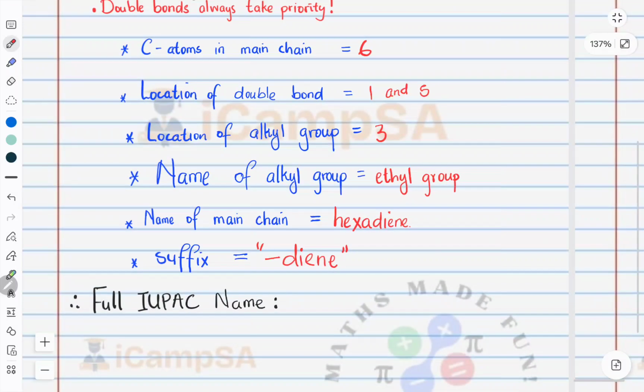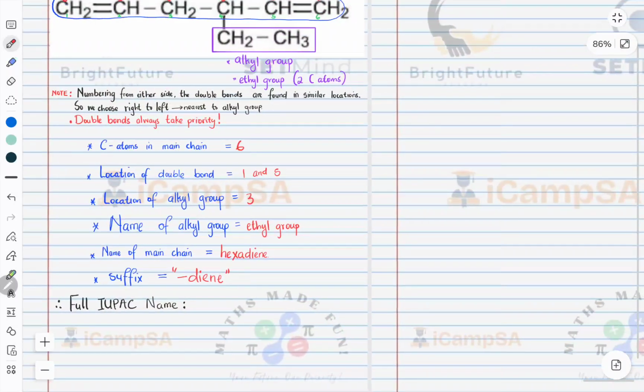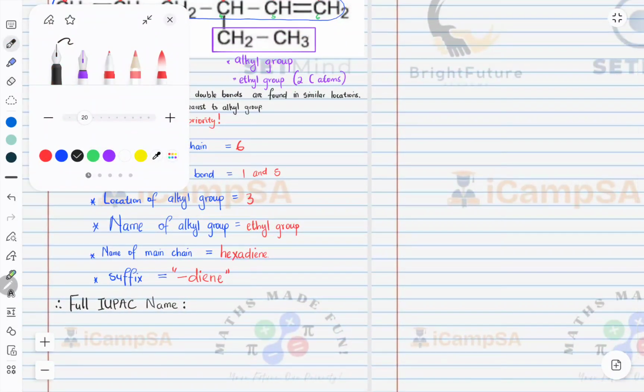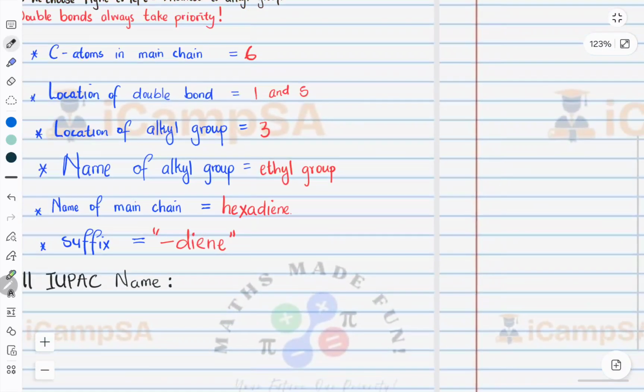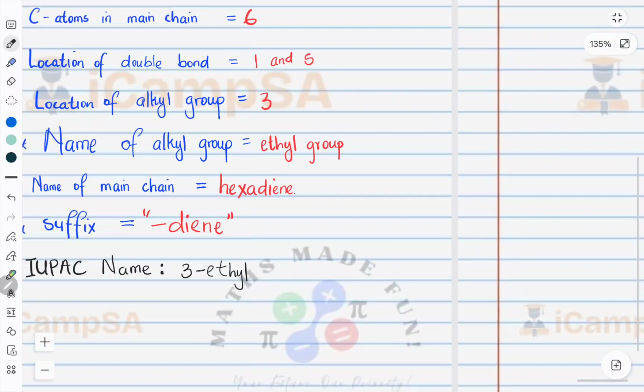All right, so now let's combine it into one full name. And then we start with the alkyl group always. The alkyl group is located in position 3. Ethyl, there's only one of them, so ethyl. Now we can talk about our double bonds. They are located in 1 and 5, and it's a hexadiene parent chain.